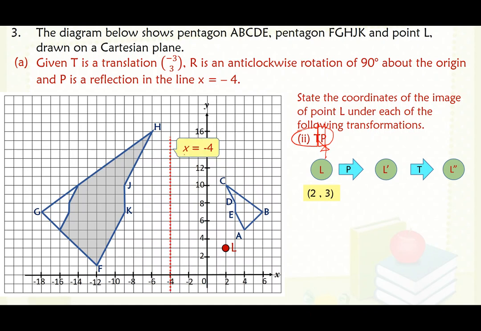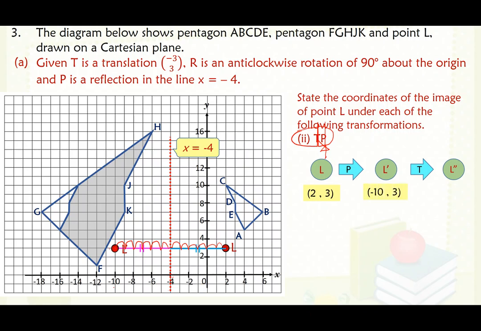So x equal to -4 is over here. So how many? 1, 2, 3, 4, 5, 6. That means when reflect, it will 1, 2, 3, 4, 5, 6 or so. So the distance must be the same. So this is your coordinate of the L prime. So it's -10 and 3.